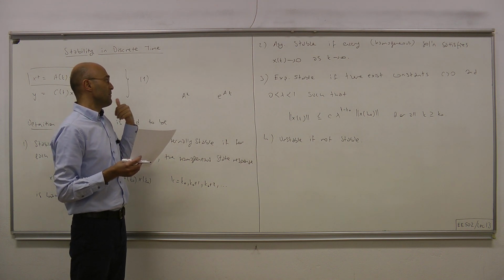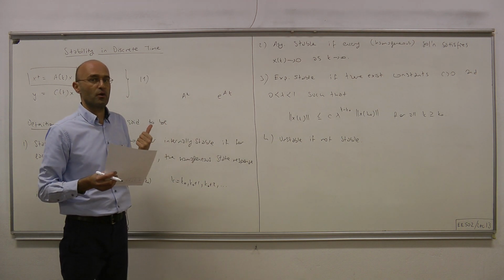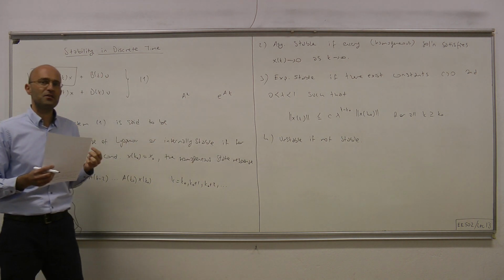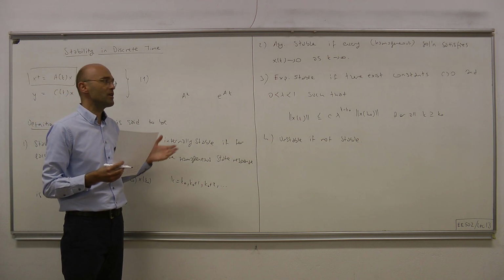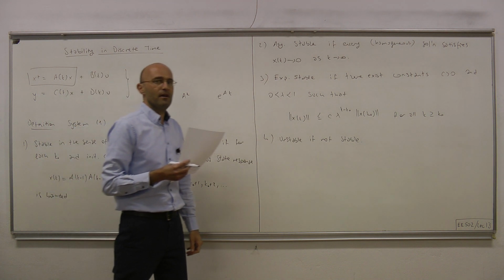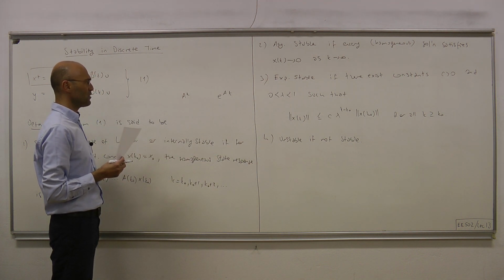If you have at least one eigenvalue on the unit circle whose Jordan block is size 2 by 2 or larger, then A to the k, as k goes to infinity, will have an unboundedly growing norm.